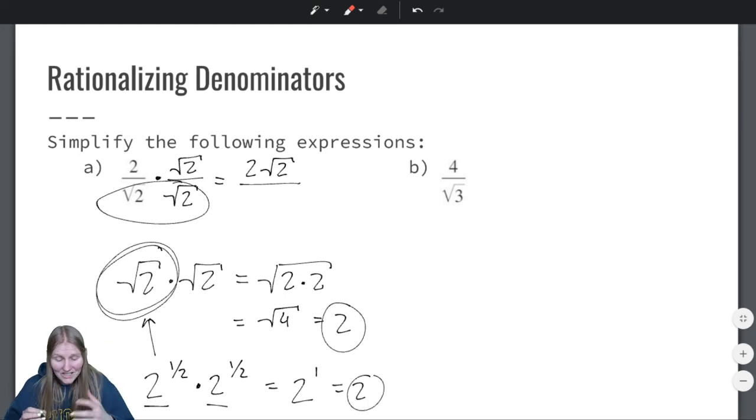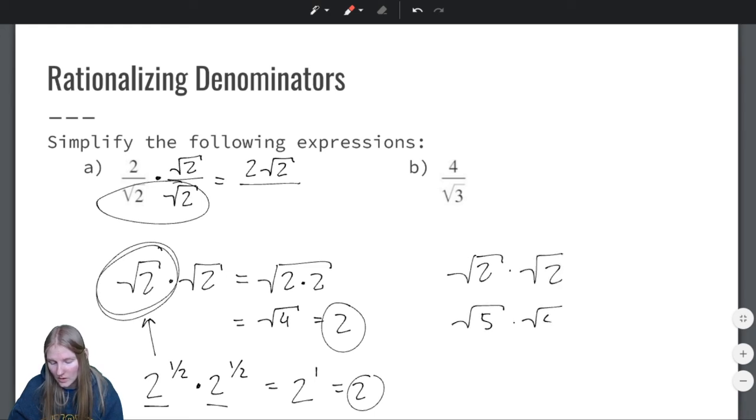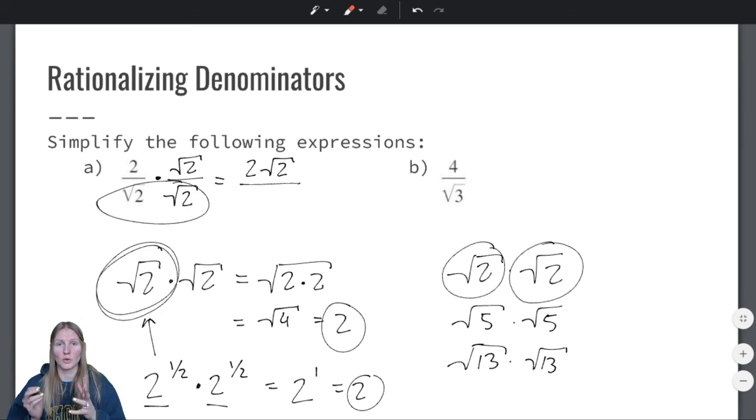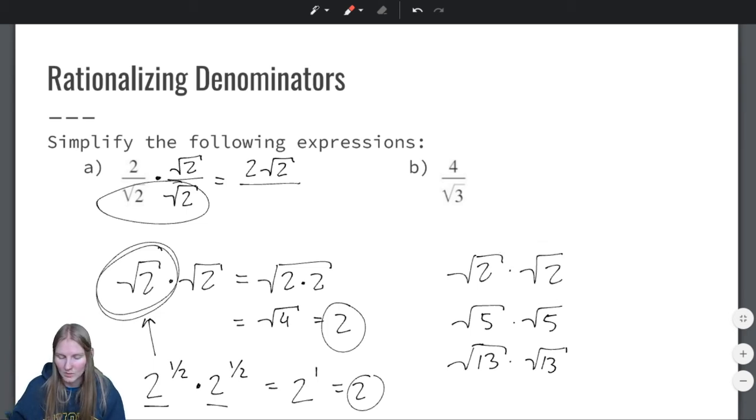So anytime you're multiplying square root of 2 times the square root of 2, square root of 5 times the square root of 5, square root of 13 times the square root of 13, whatever the number is, if you have 2 square roots of the exact same thing being multiplied together, you can just get rid of the square root.